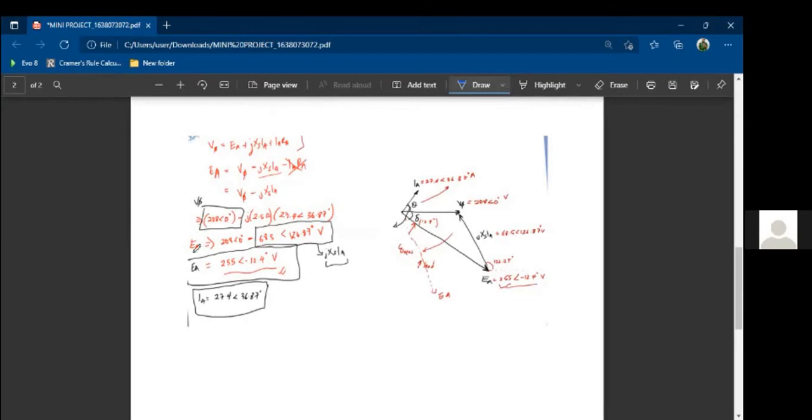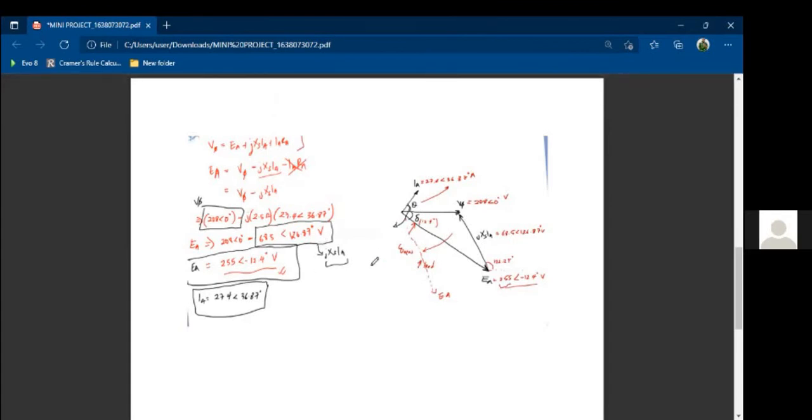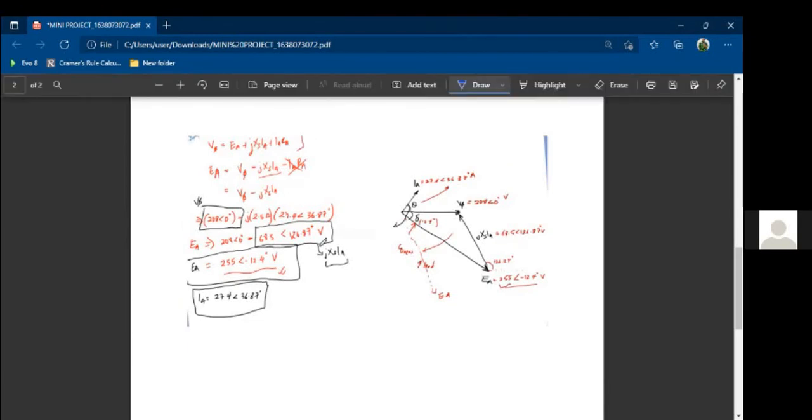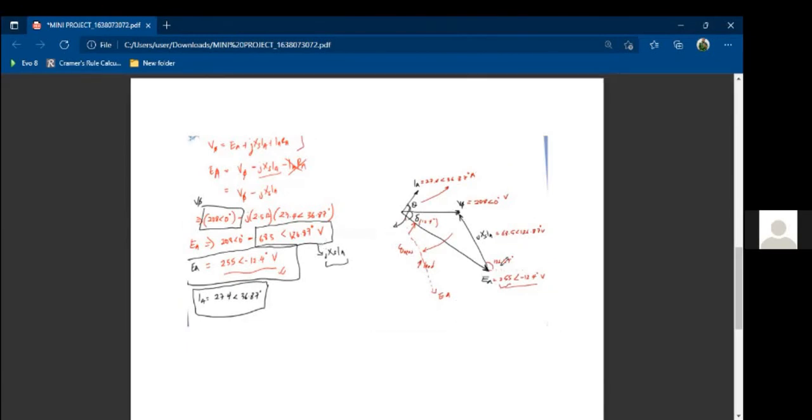Within the findings of the armature voltage, we have also found the value for jXs IA, which comes to 68.5 with an angle of 126.87 degrees volts. These are the values that we have obtained from the calculations. Now we want to display the accuracy of our program. This is our phasor diagram, which we have obtained from the values of IA, jXs IA, V phase, and armature voltage.